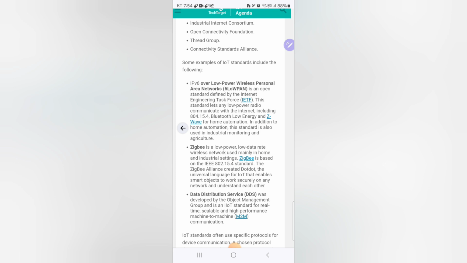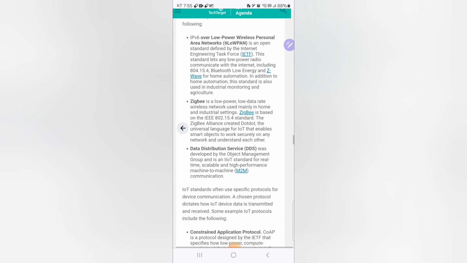This standard lets any low-power radio communicate with the Internet, including 802.15.4, Bluetooth Low Energy and Z-Wave for home automation. In addition to home automation, this standard is also used in industrial monitoring and agriculture.